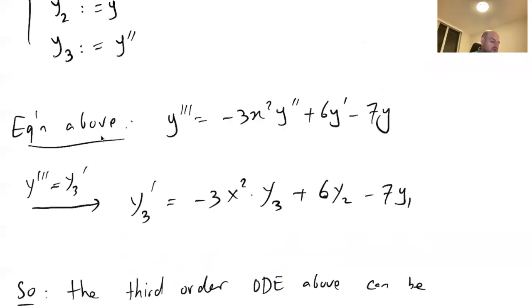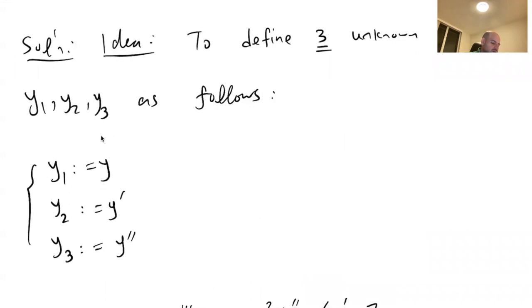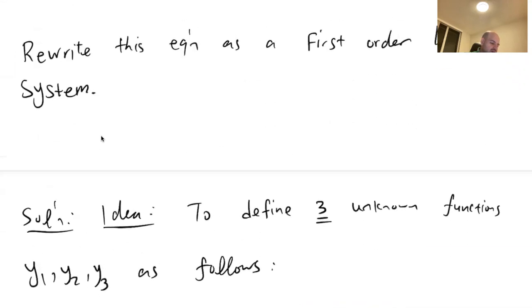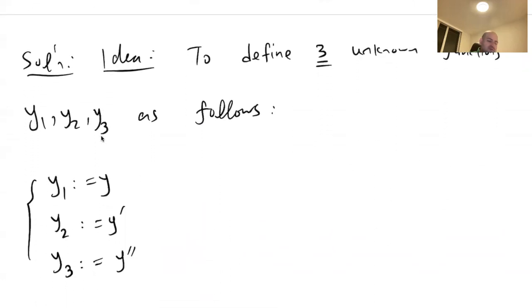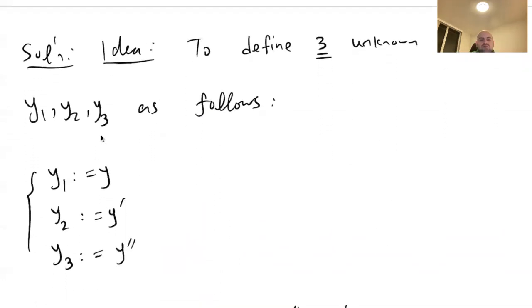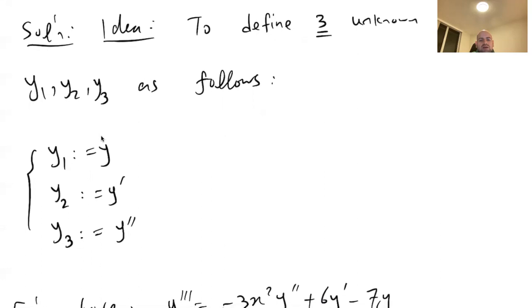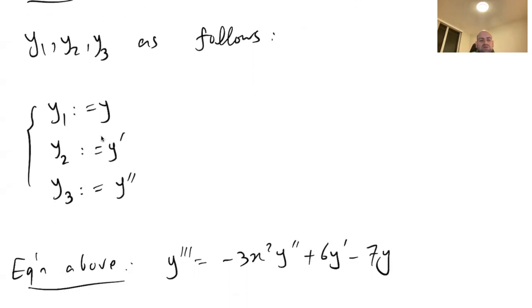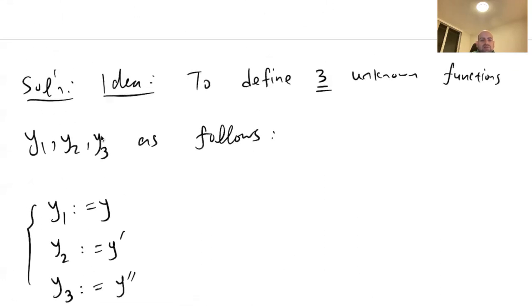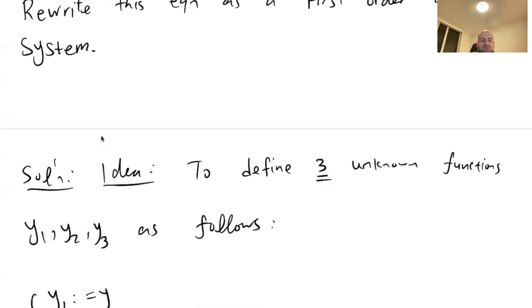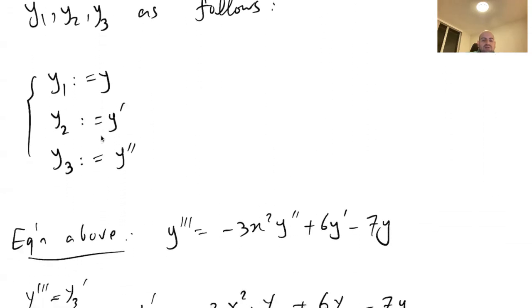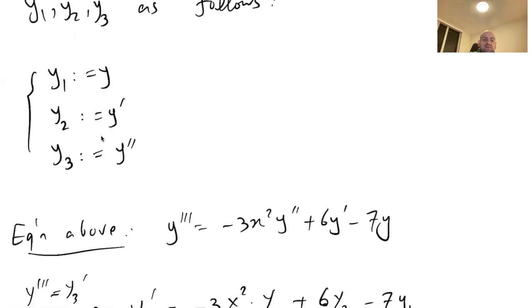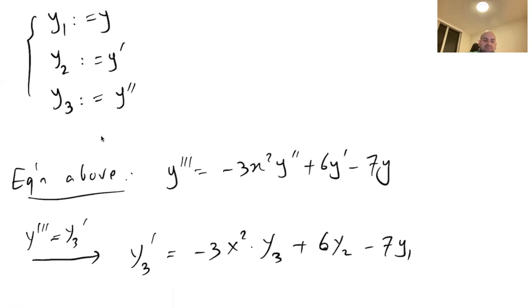So in this type of question, this is the idea. So y1, we define it as y. So we started with the original unknown function y. We defined y1 as that function, y2 as derivative of that function, y3 as second derivative of that function, and so on. Here, the third derivative was involved, so we just needed to continue until y3. And then the third derivative can be written as derivative of y3.